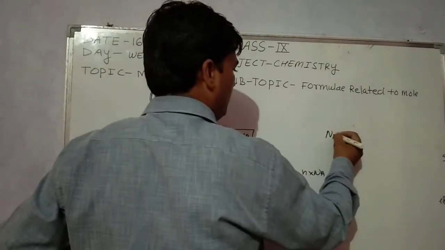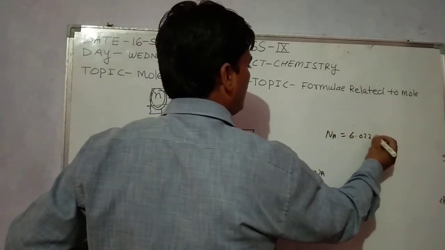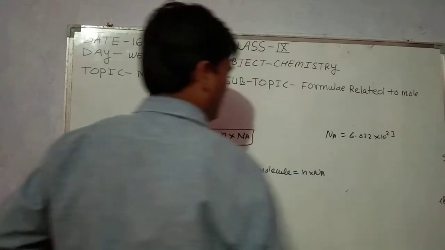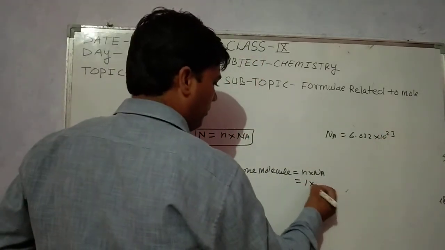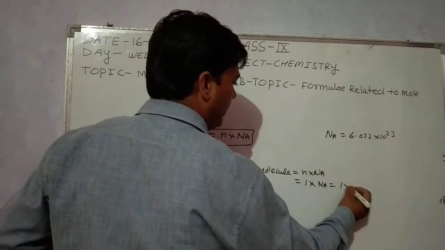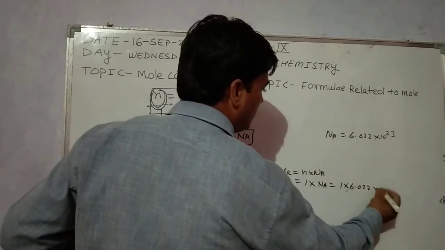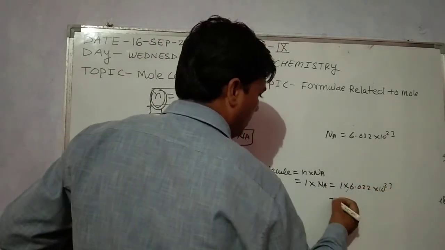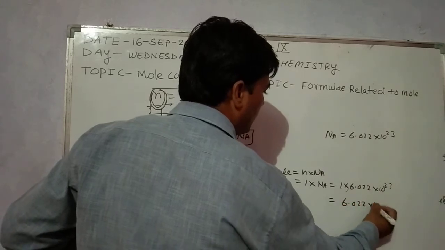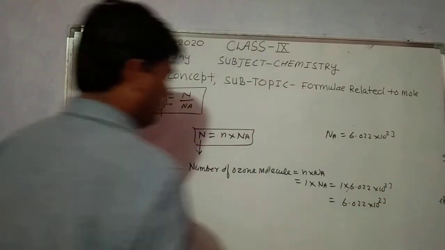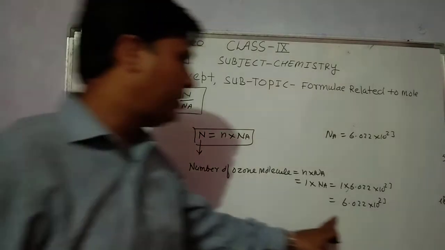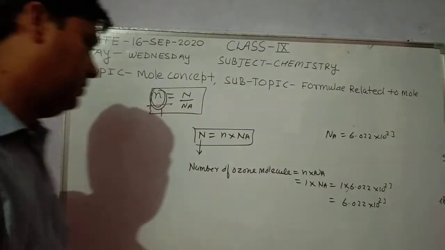Na is a fixed number, that is 6.022 into 10 to the power 23. So 1 into 6.022 into 10 to the power 23. So the number of molecules is equal to 6.022 into 10 to the power 23.